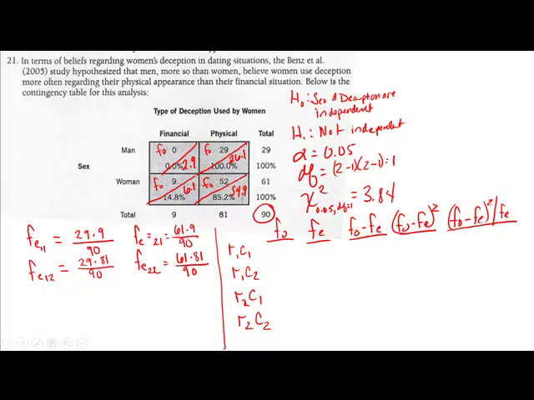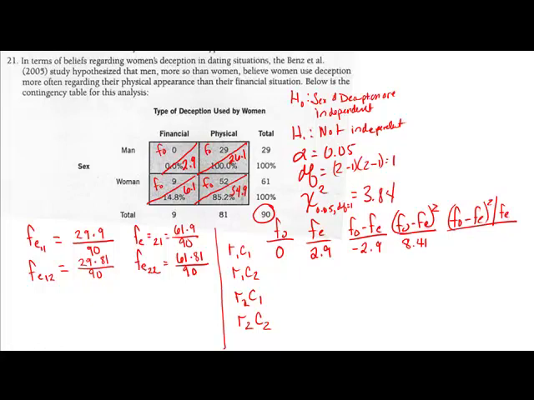Same steps to get the chi-square when we've got two variables. So frequency observed for row 1, column 1 was 0. We expected 2.9. The difference between the two is negative 2.9. 2.9 squared is 8.41.